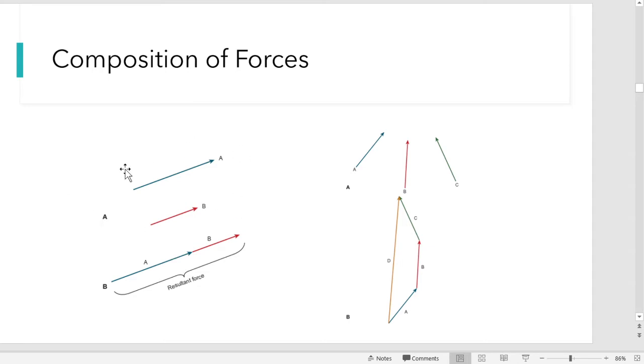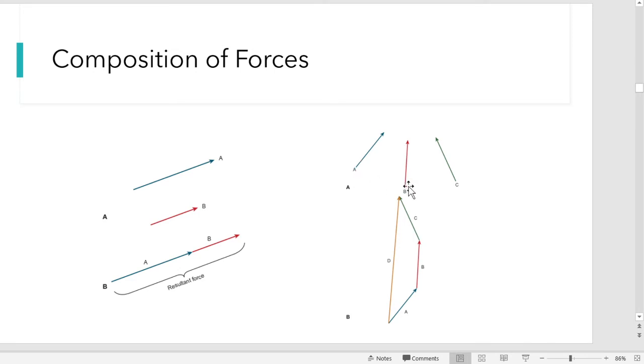If you're asked for the resultant force, force A plus force B will give you force AB. It means you have to add the magnitudes of the two since they are traveling in the same direction.